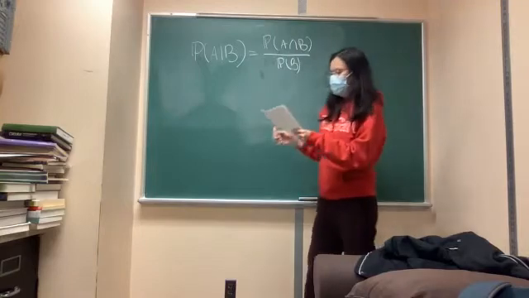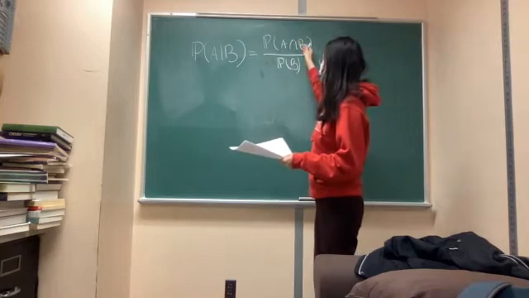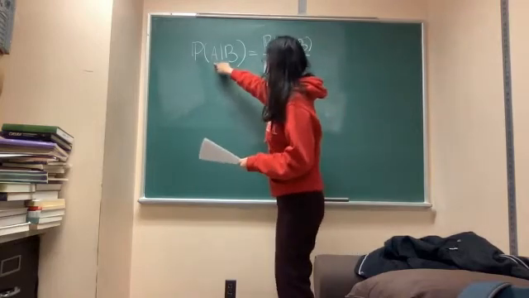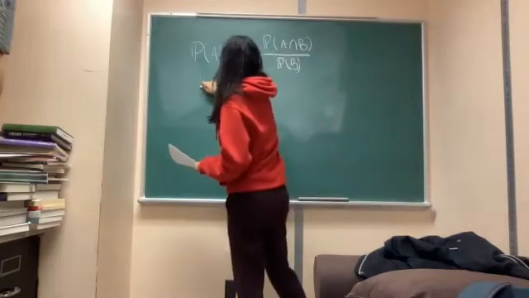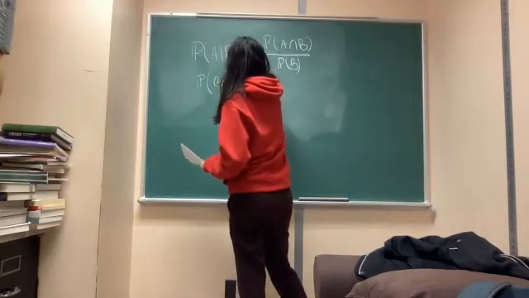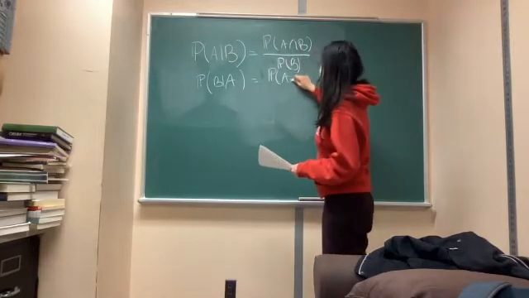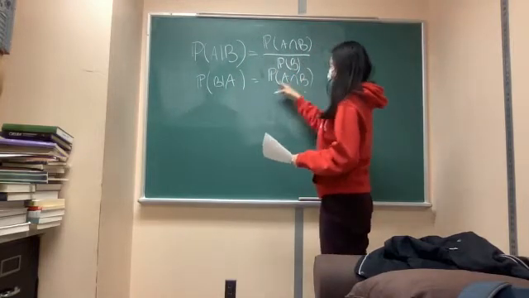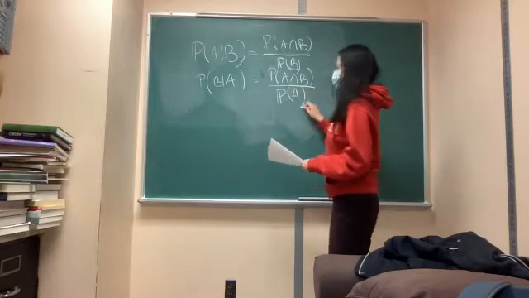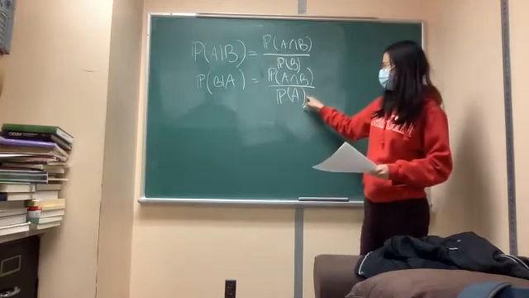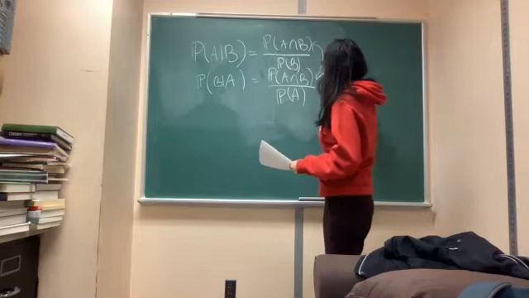Okay? And I also went through Bayes' theorem, which you can derive: if this is A given B, and this has the A intersection B, then if you find the probability of B given A, it would also have the probability of A intersection B. This does not change. The thing that changes is the probability of A is underneath now. So if you take both of these terms, you notice that they're equal, right?